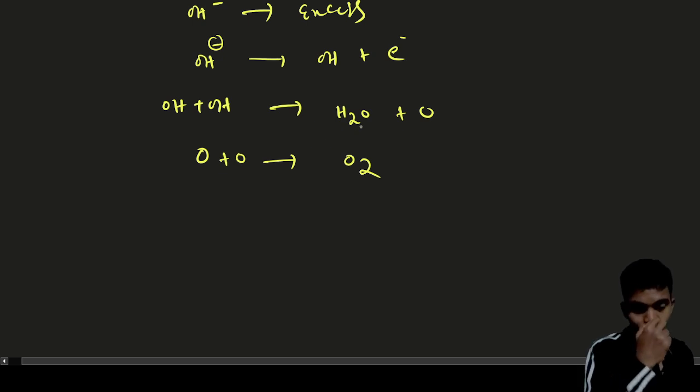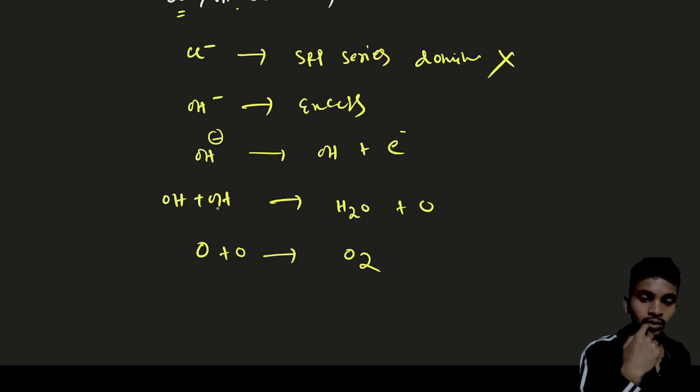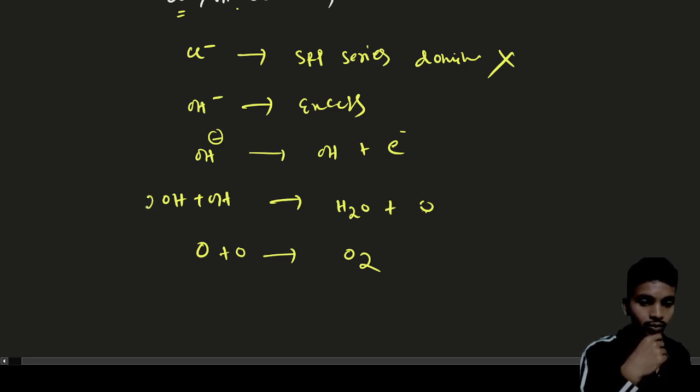We need 2 O2 here, so I multiply the whole by 2. If this is 4OH, then everywhere I have to multiply by 4.